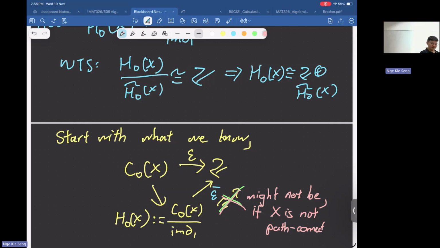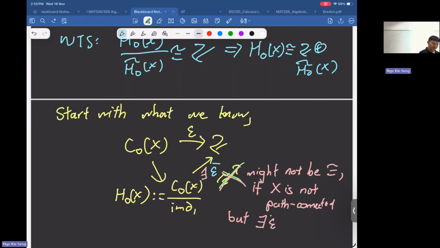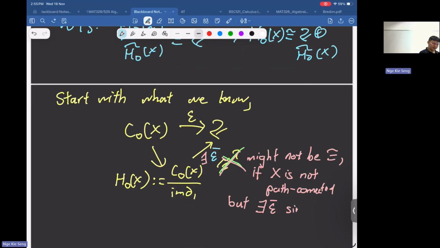Okay, why? It might not be isomorphic, but there exists such a map since epsilon on del 1 is 0. Everything in the image of del 1 is sent to 0 under this epsilon map, so you have a well-defined map.